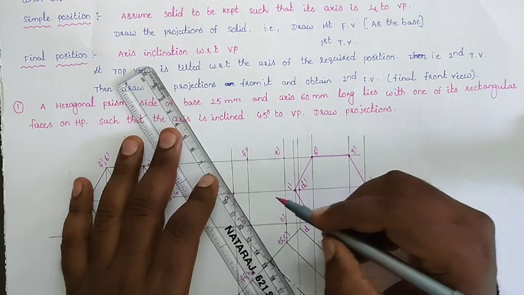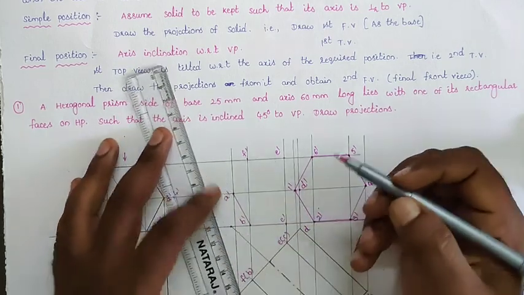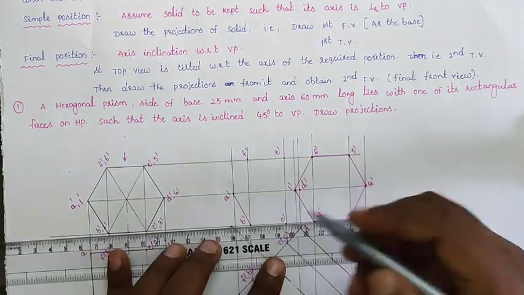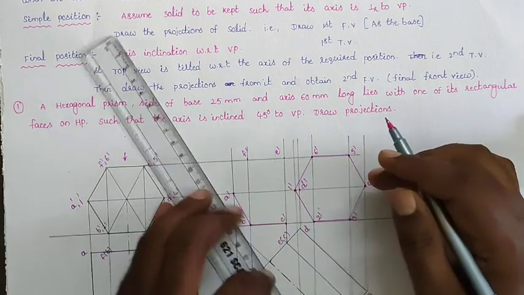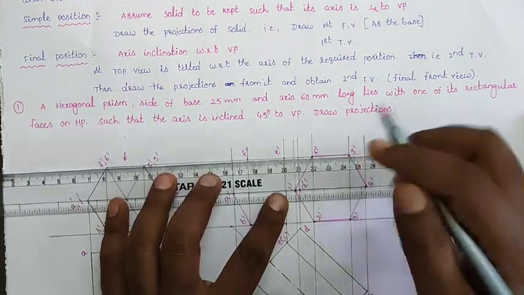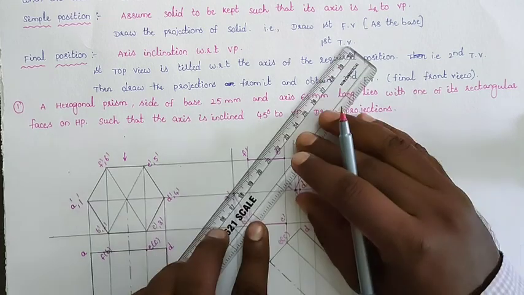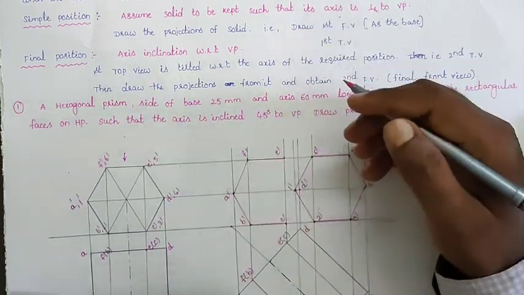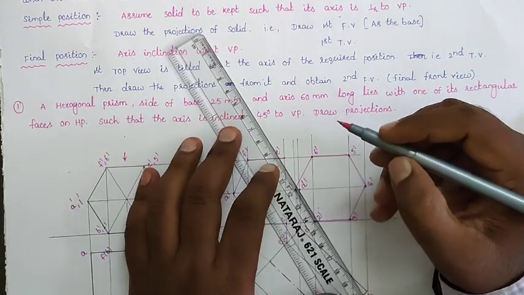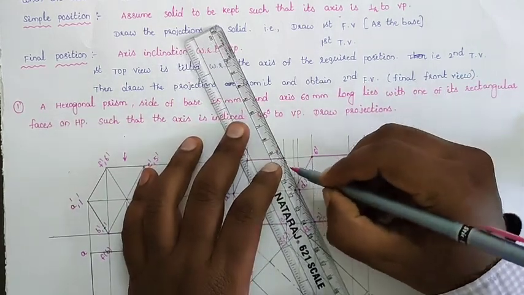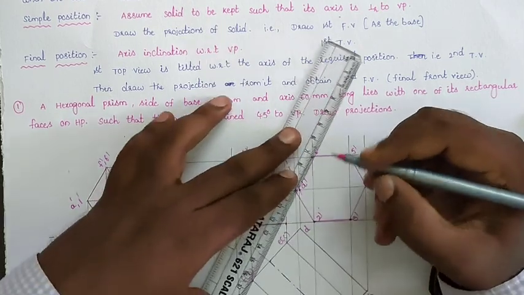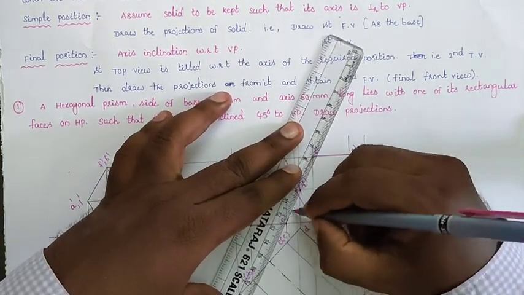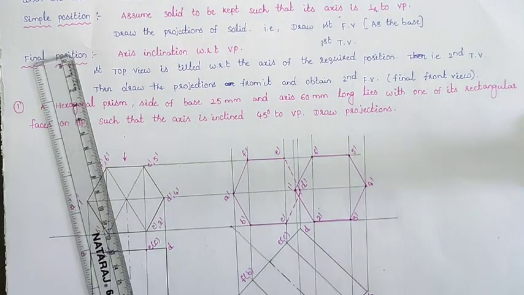And similarly A dash to B dash, B dash to C dash, and similarly E dash to F dash, and F dash, A dash, joining all the points. But point D is invisible, so here we will get the dotted lines from C dash, D dash, and also E dash, D dash is also a dotted line because it is an invisible point.